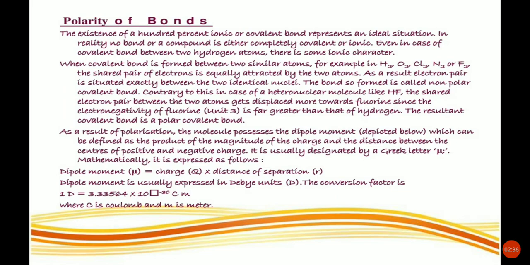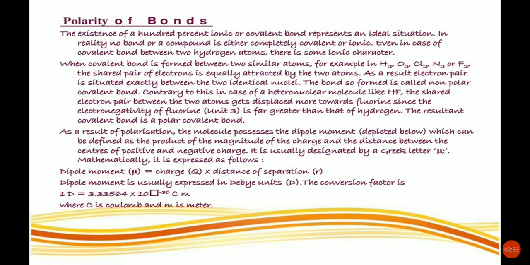So when a covalent bond is formed between different atoms, two different types of atoms, the shared pair of electrons is shifted or displaced to the more electronegative atom. So we get a polar covalent bond.